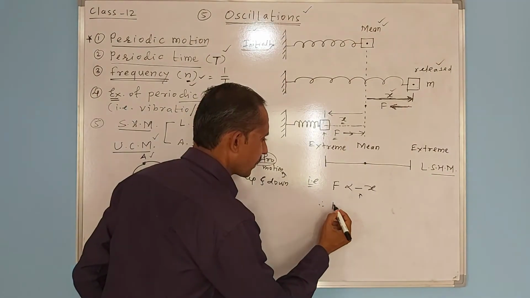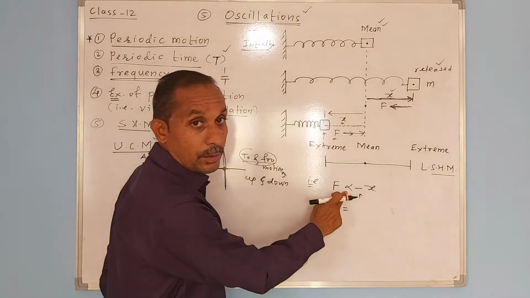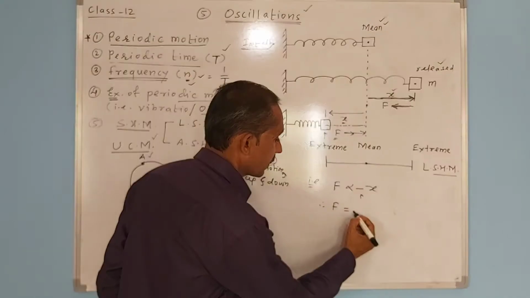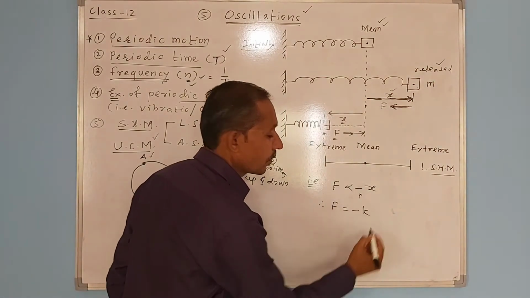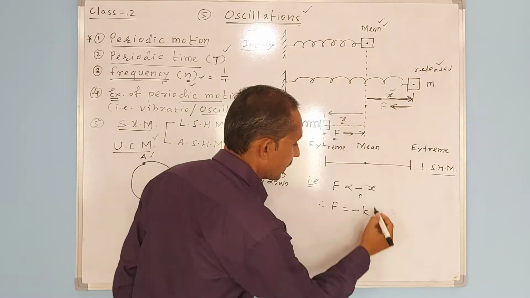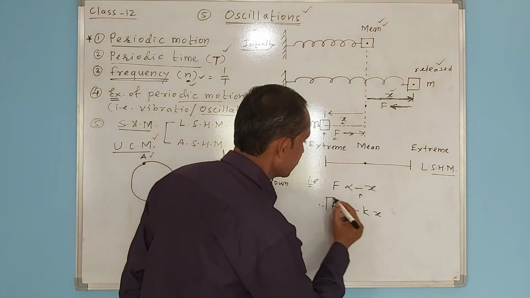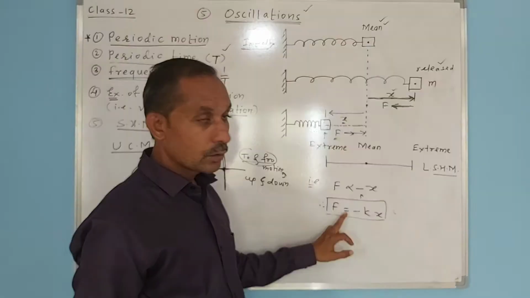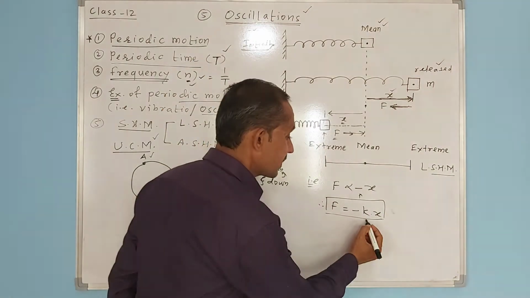So therefore force, now remove this proportionality sign, by the equality sign we can write here negative sign and some constant of proportionality k multiplied by x. So force is equal to minus kx. What is k?